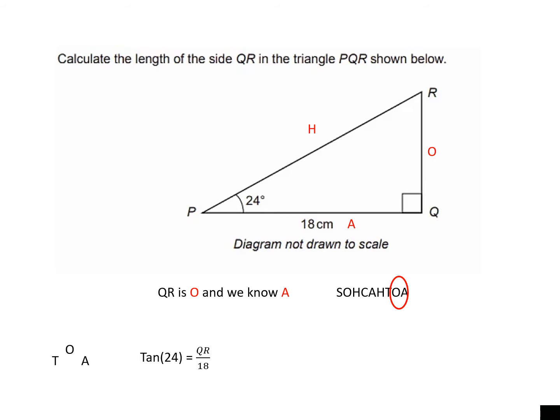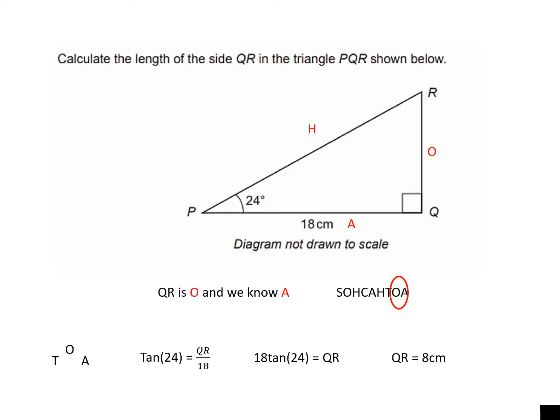So we've got tan equals our side over 18, but using that TOA at the beginning, we could have just written our O is equal to tan 24 times 18, or 18 tan 24. And if you work that out, you get that as your answer.